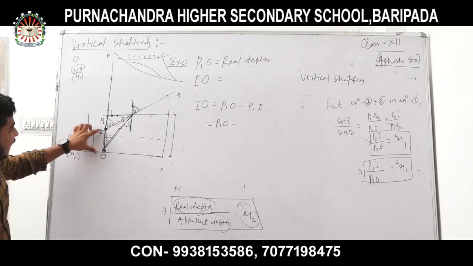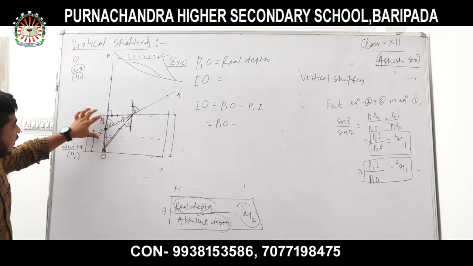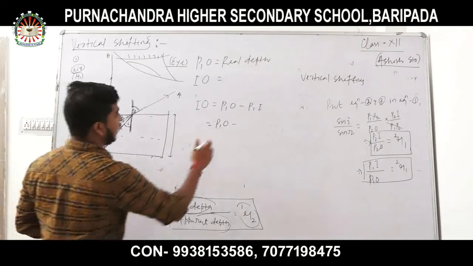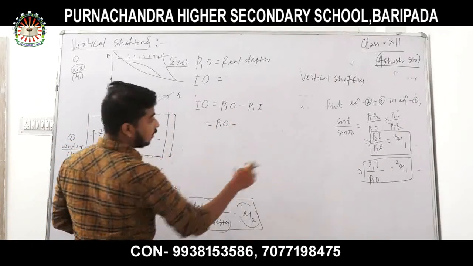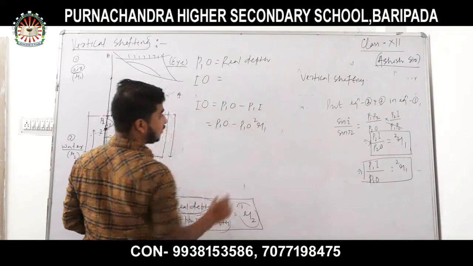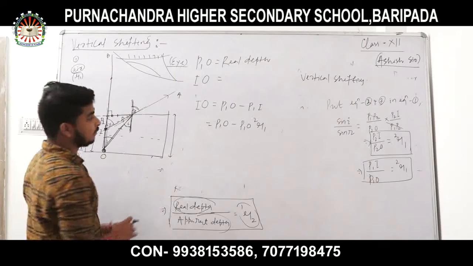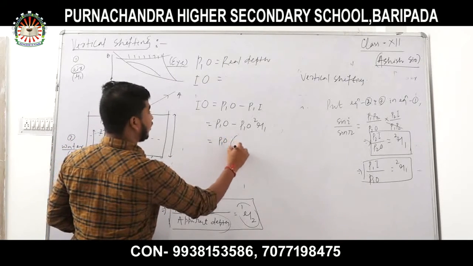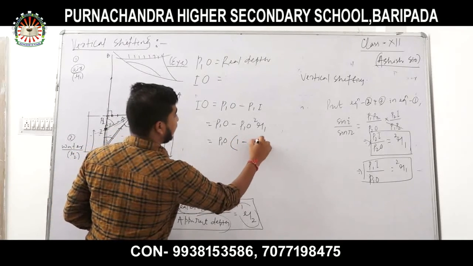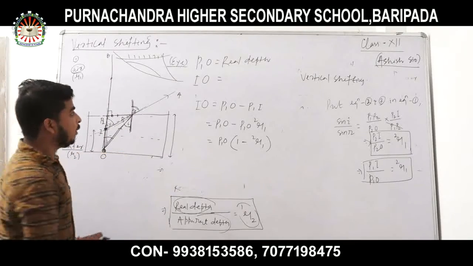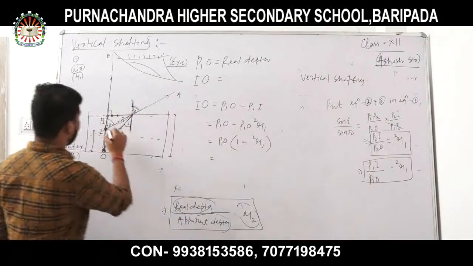Now to find the expression for OI: OI will be P1O minus P1I, which is P1O minus P1O into the refractive index of 1 with respect to 2. So I can write P1O as common, times 1 minus mu of 1 with respect to 2.